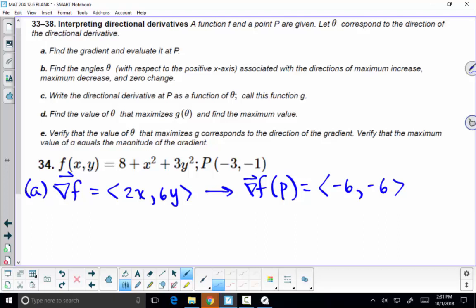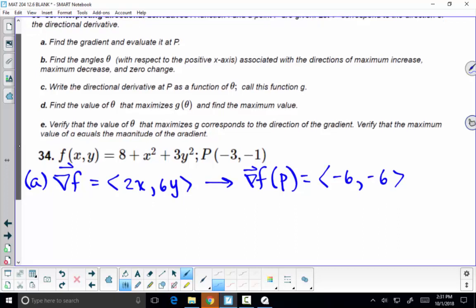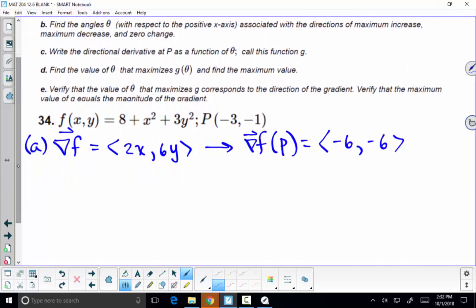Find angles theta with respect to the positive x-axis associated with the directions of maximum increase, decrease, and zero change. Okay, so we're over here. Let's draw a little sketch. -3, -1. We're in quadrant number 3, just sitting over here at -3, -1.